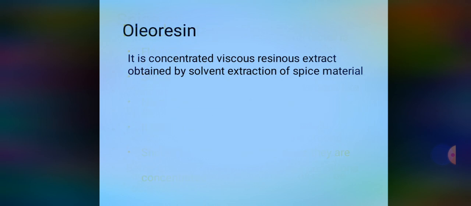Next, that is oleoresin. Oleoresin is a concentrated, viscous, resinous extract obtained by the solvent extraction of spice material. Generally the applications of oleoresins are consumer applications. They are generally used in various food materials like baked food, confectionery food, and in pharmaceuticals also.